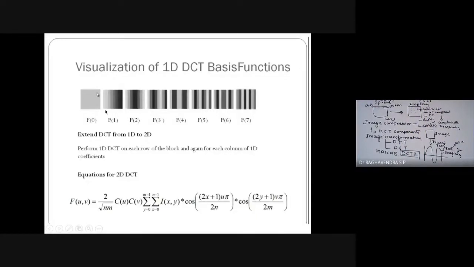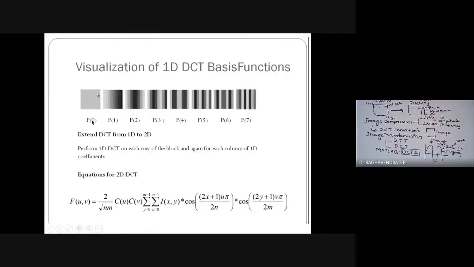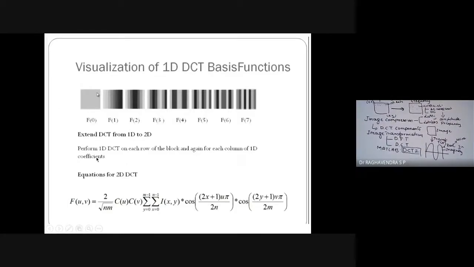This is the original image which can be extracted to create shades. Similarly for F of 2, F of 3. The number of bands keeps increasing up to 7, because this is an 8-bit image. So we have to start from 0 and end with 7. That is why we have 8 bands here, 0 to 7.